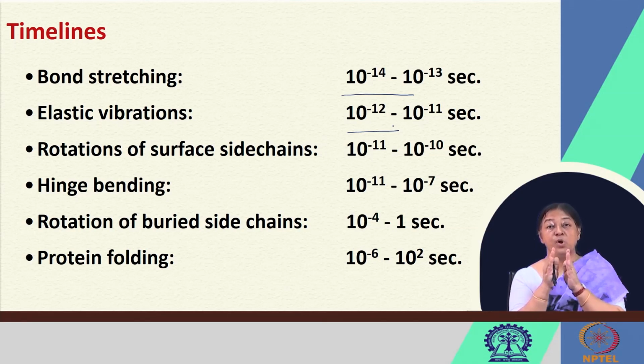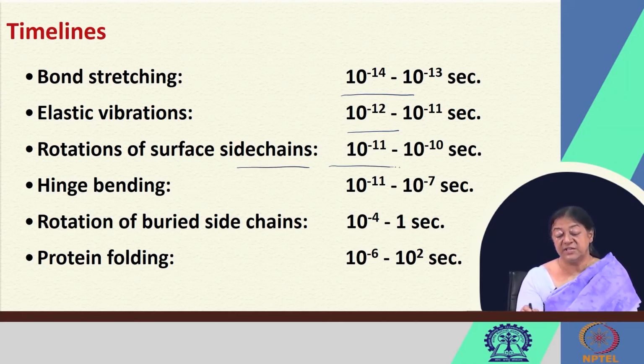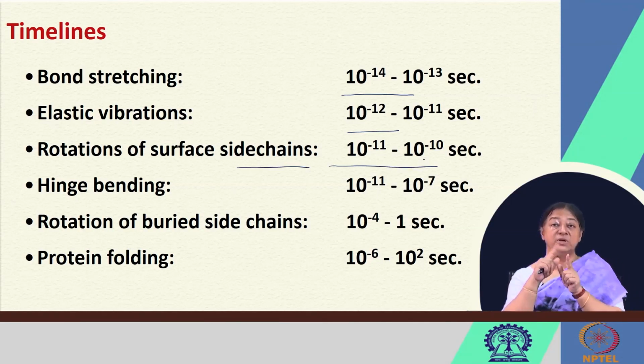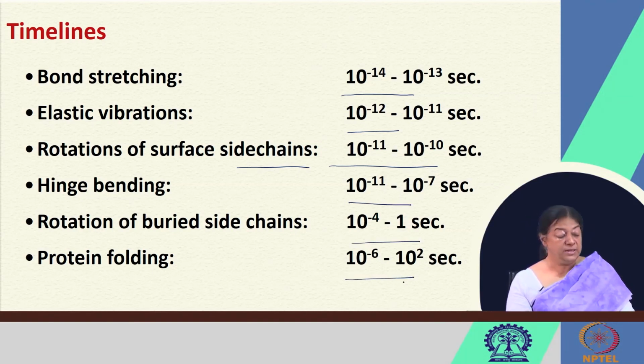Then the rotation of the surface side chains, which are the different rotamers that are possible, because we have to look at the possible rotations for favorable interactions. There is hinge bending, rotation of buried side chains, and finally protein folding that is going to occur in this time frame.